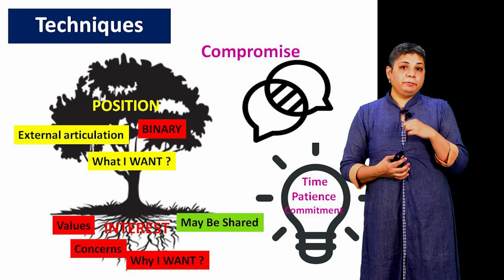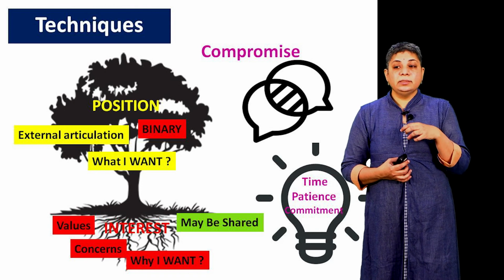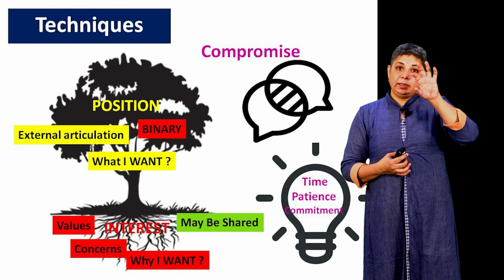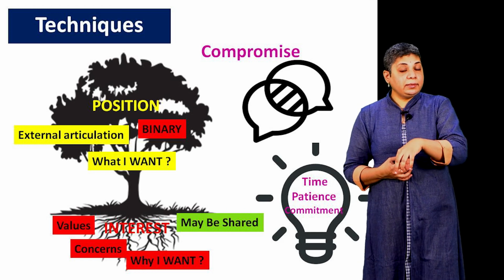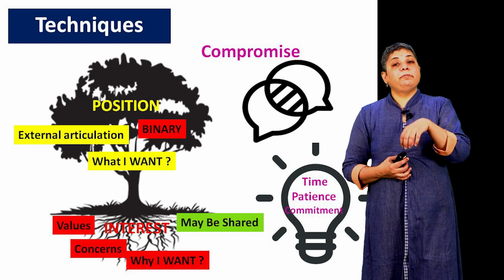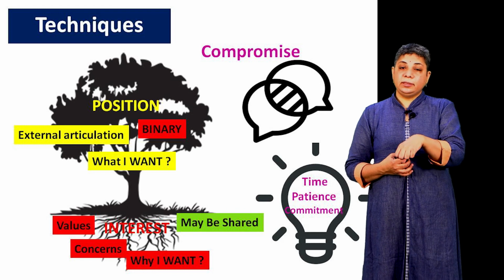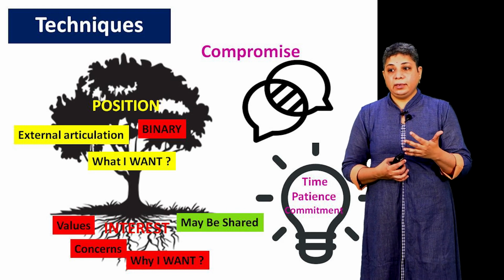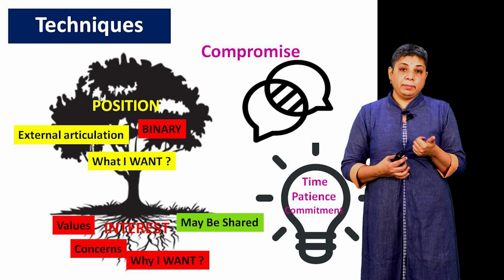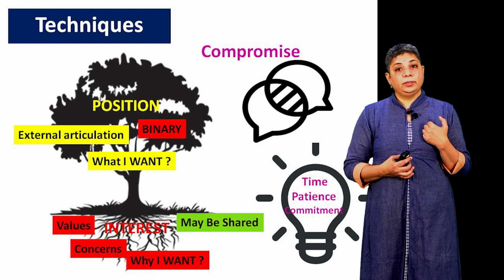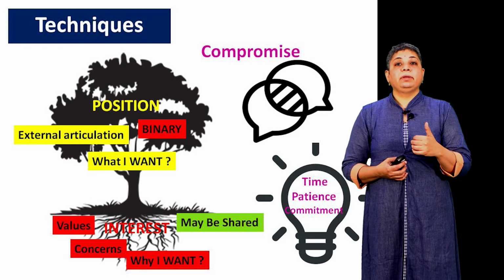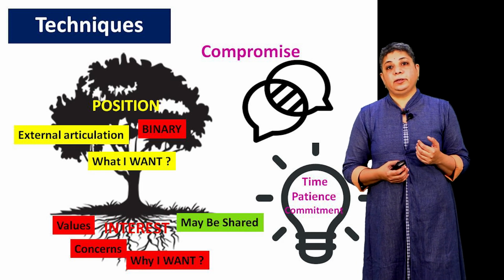So it's important for us as ICU clinicians to get to the interest rather than stay with the position. Once we understand the interest, then we would know why the behavior is a certain way. Then it takes a lot of time, a lot of patience and commitment on our side to come to a compromise so that we can get away from the conflict.